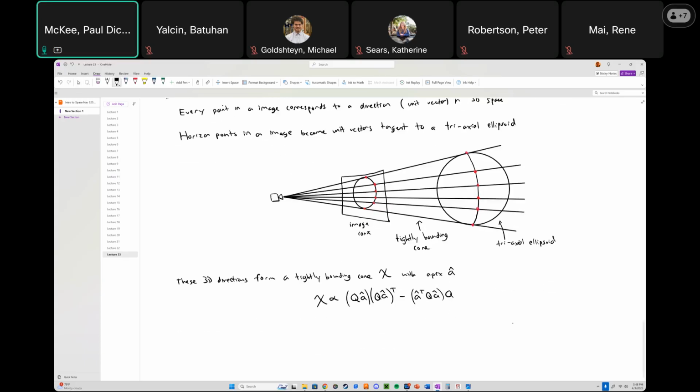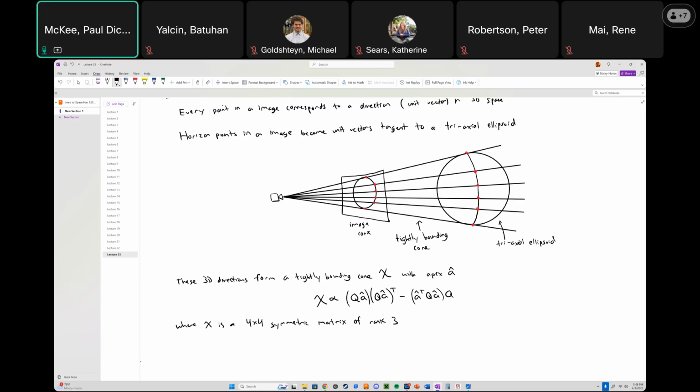where chi is a 4x4 symmetric matrix of rank 3. Okay. And we can say, so this is just how to build chi. So chi is this 4x4 matrix, rank 3, that is built from Q and apex A. Okay.